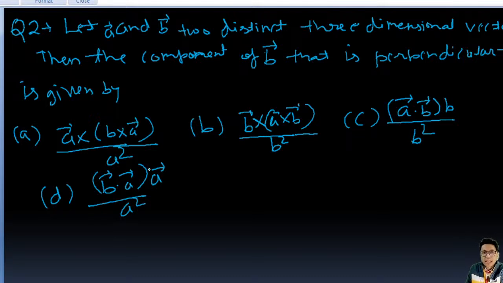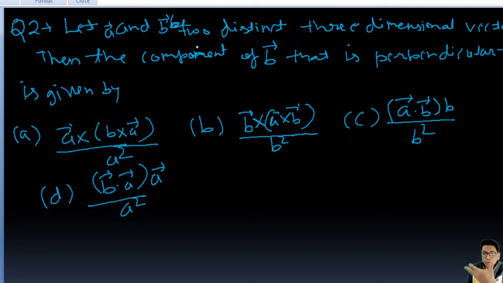So the question is, let A and B be two distinct three-dimensional vectors.